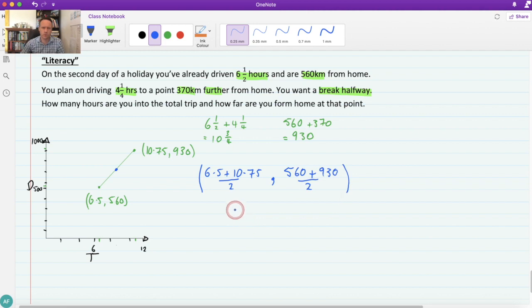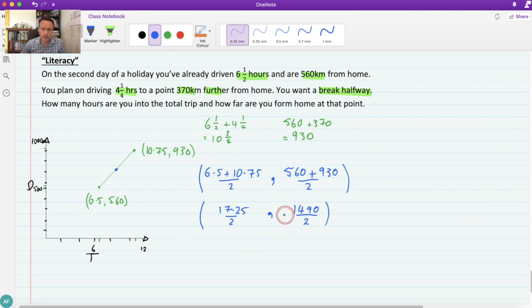And then when we work all those out, it'll give us the midpoint. So the next line is 6.5 plus 10.75 is 17.25 divided by 2. And 560 plus 930, so what have we got? It's 1490 divided by 2.